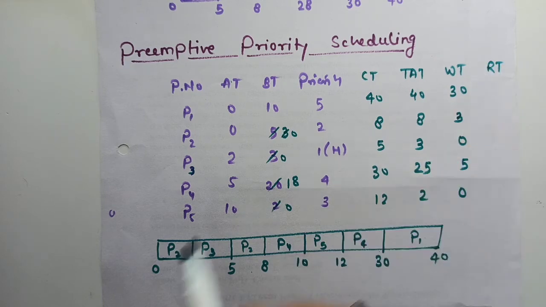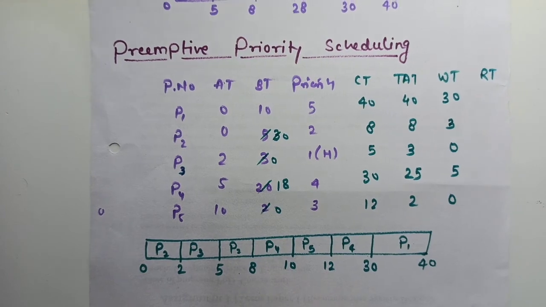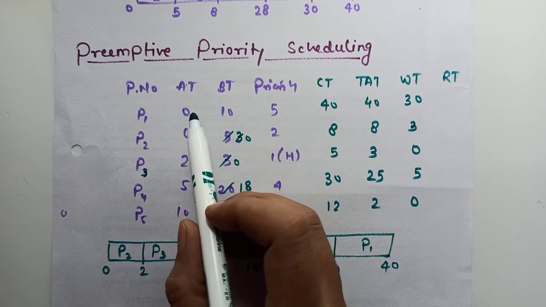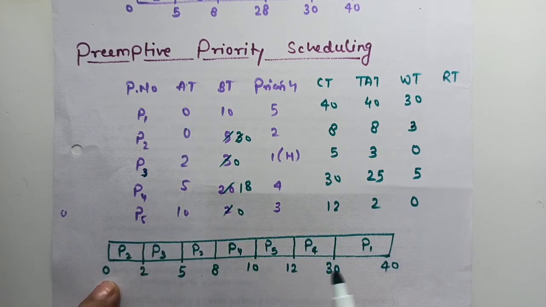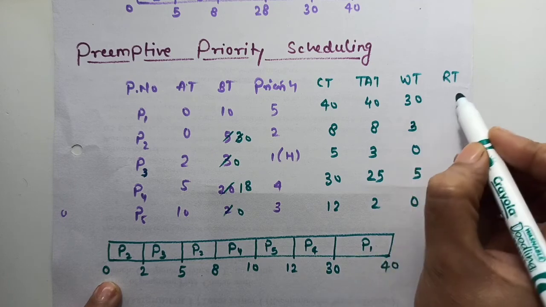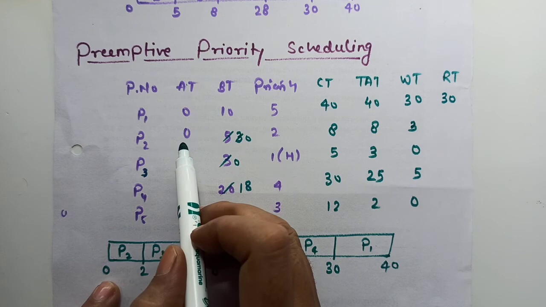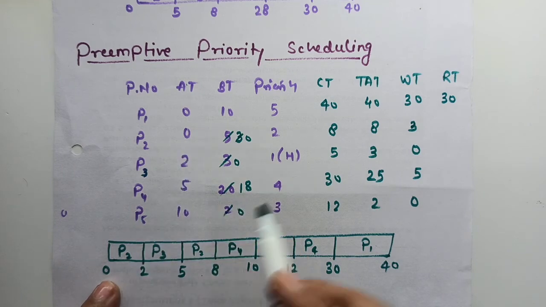Here we can calculate the response time as well. So what is the response time? Response time is calculated from when the process has arrived to when it is first scheduled. Process P1 has arrived at time 0, but it is scheduled at 30. So 30 minus 0 is 30 response time. Process P2 has arrived at 0 and is scheduled at 0. So 0 minus 0.